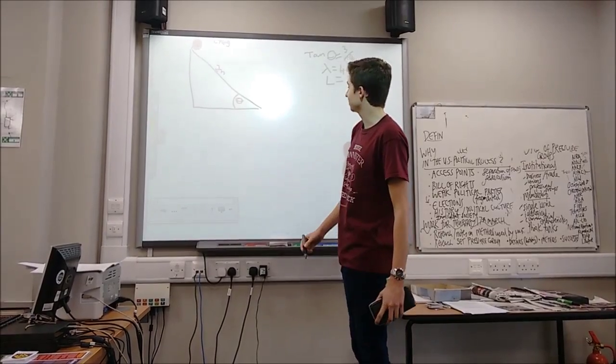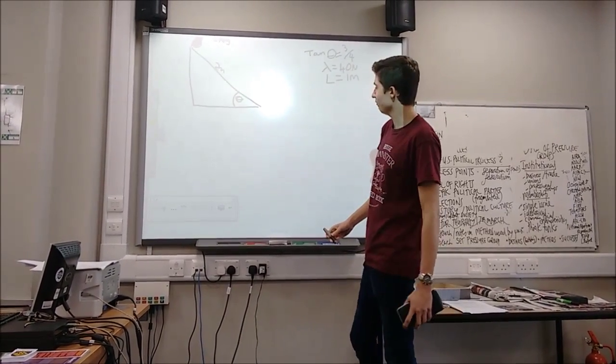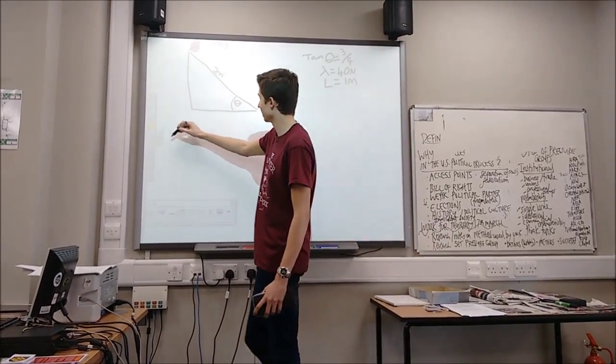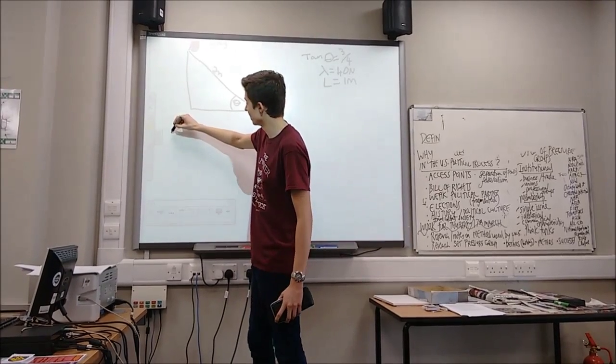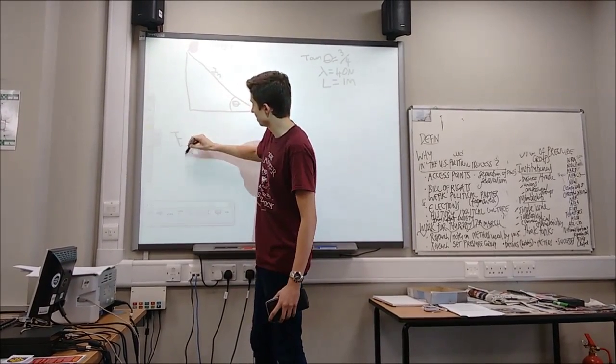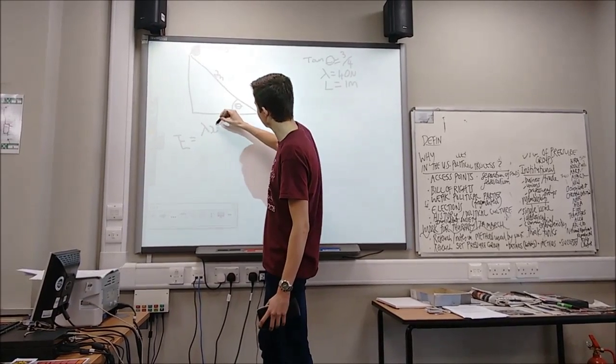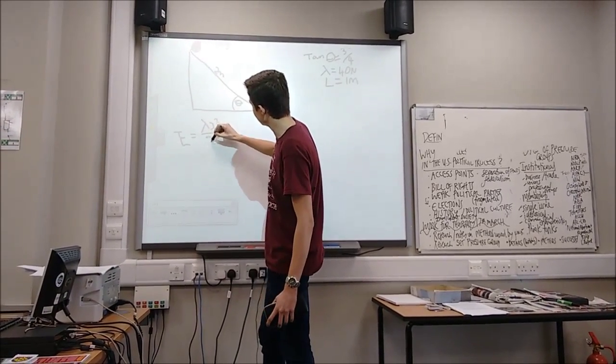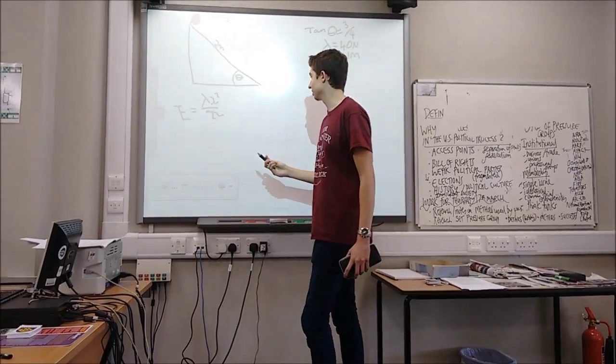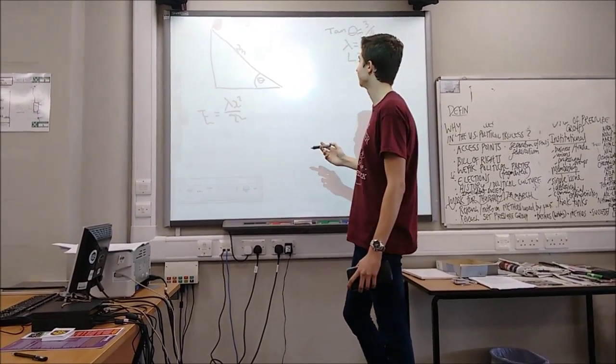We can write out some equations here. Our first equation is the elastic energy equation, where E is equal to lambda x squared over 2L. That's the equation for elastic potential energy.